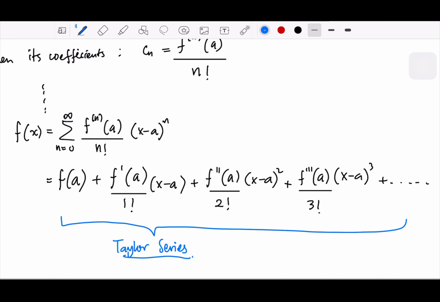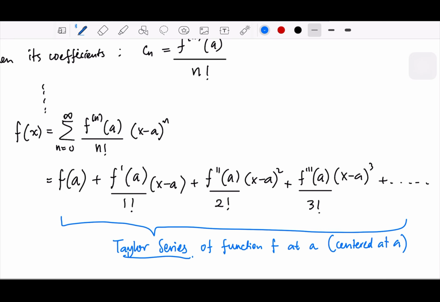We call it the Taylor series of the function f at a, or centered at a. If we remember the power series, the radius of convergence, so it's centered at a. And the functions can be varied.